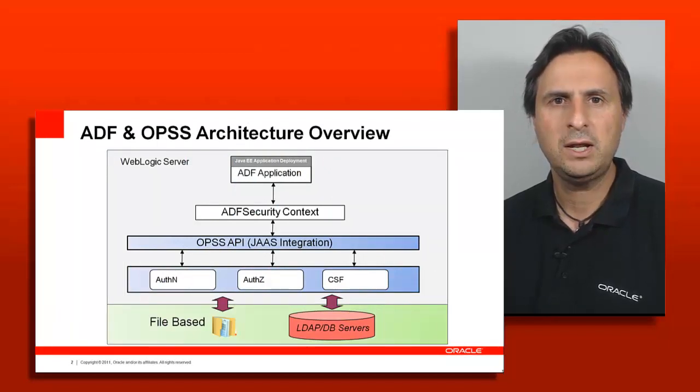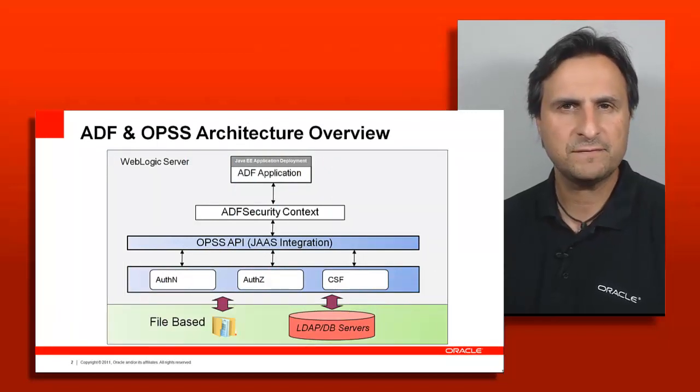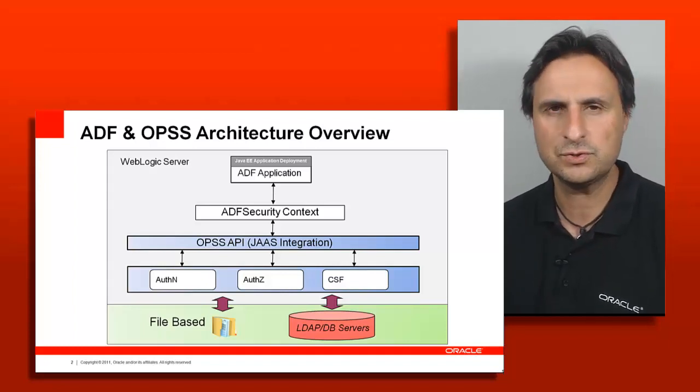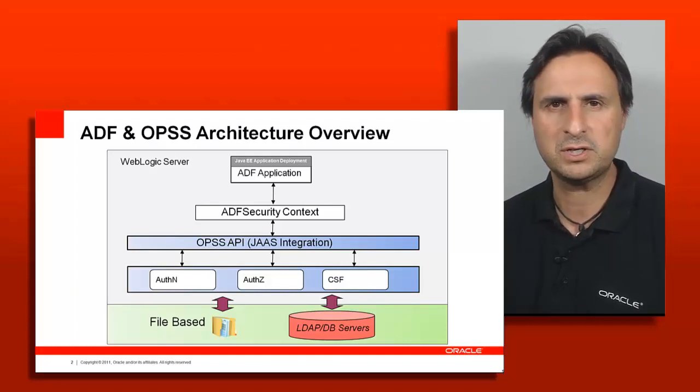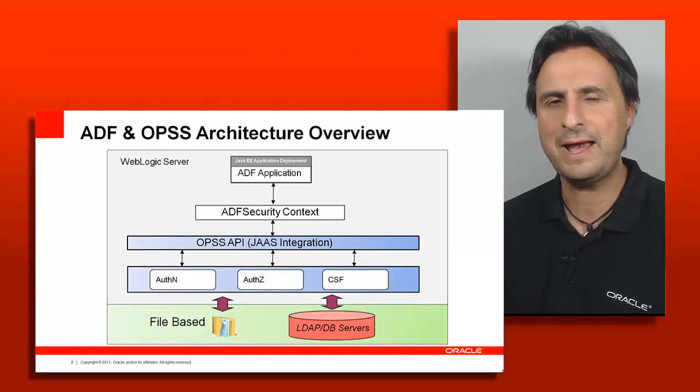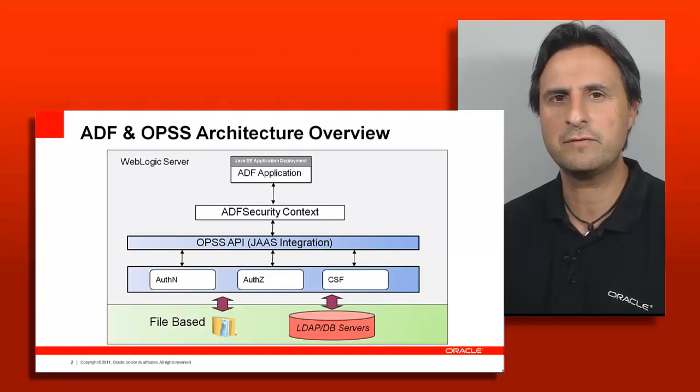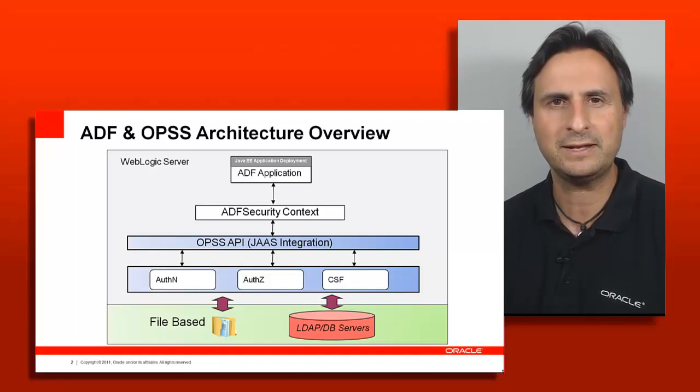So when we look at the infrastructure that ADF Security works with, then there's a term I have to introduce, which is OPSS, the Oracle Platform Security Services, which is an evolution out of the JAZN that we had in 10.1.3, just for those who are familiar with older releases of Oracle ADF.